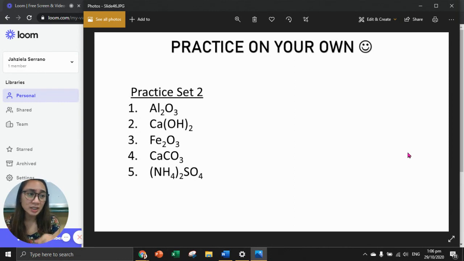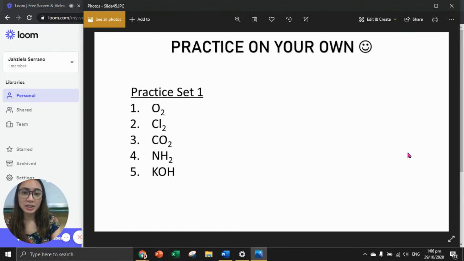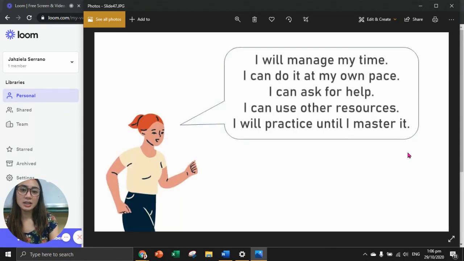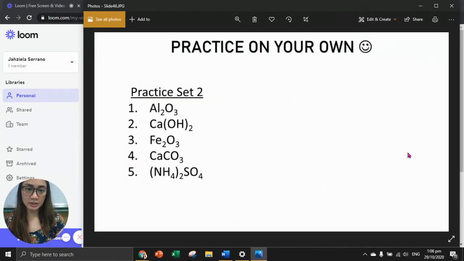Kung paano kayo nag-multiply, etc., nag-add. So again, ito yung practice number 1. Write it down. And then we have practice set number 2. Okay? So, write it down na. Kailangan meron kayong proof na nagawa nyo yung practice set 1 and set 2.